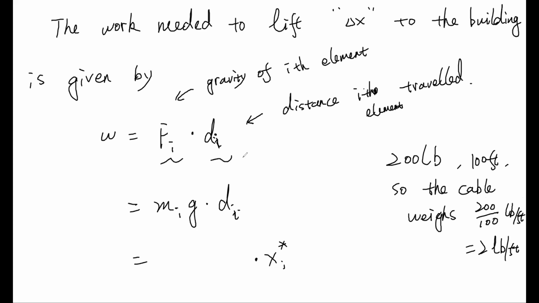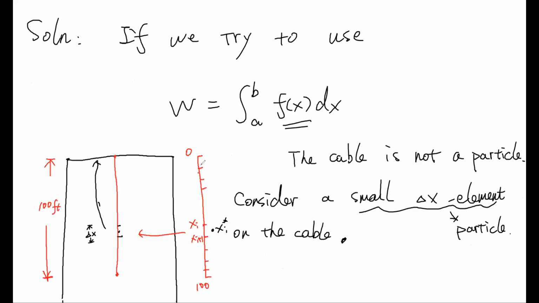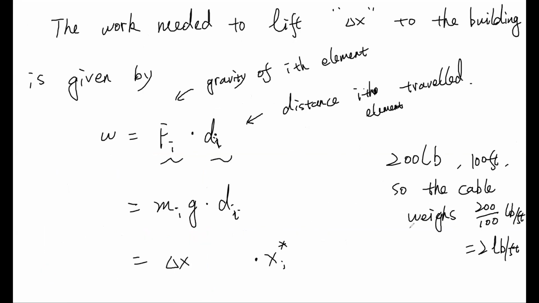And for the ith element, when we divide this cable into a lot of sub-elements, the width of each element is exactly delta x, or in the Riemann sum sense, the width of the subinterval. So this is approximately delta x times 2. Because we use pounds here, the m g is not really necessary.